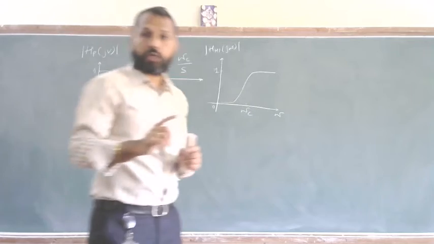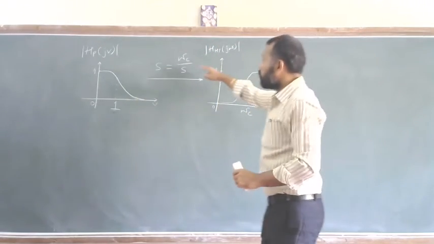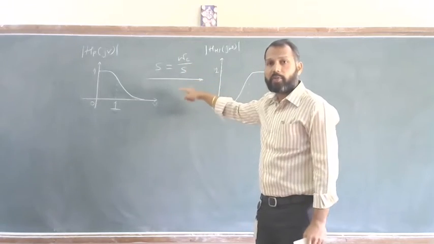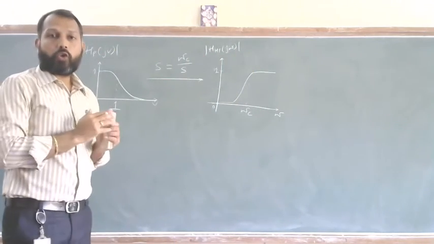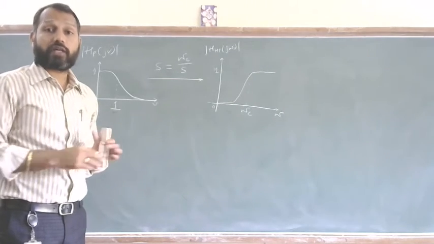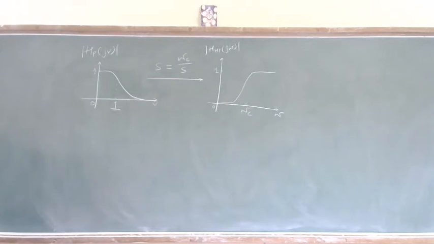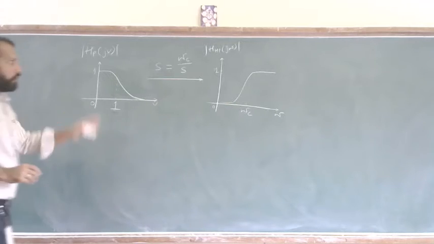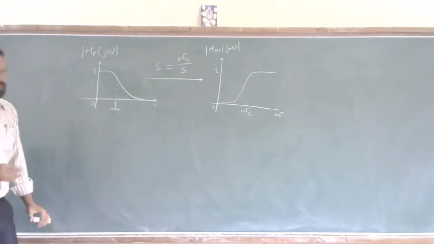There we substituted S equals S divided by omega c, but here it is the cutoff frequency omega c divided by S. This transformation will convert the low pass prototype filter into a practical high pass filter with the given frequency response.